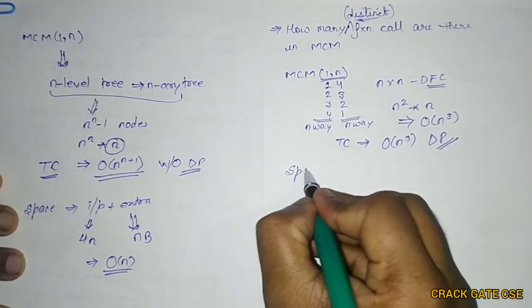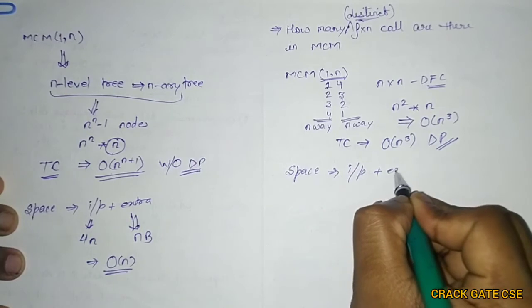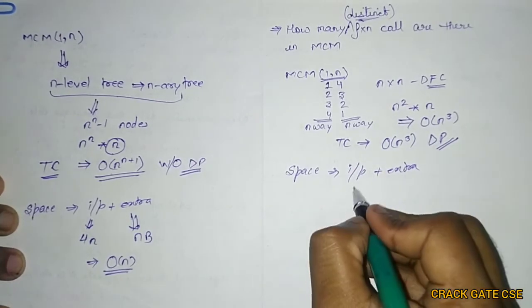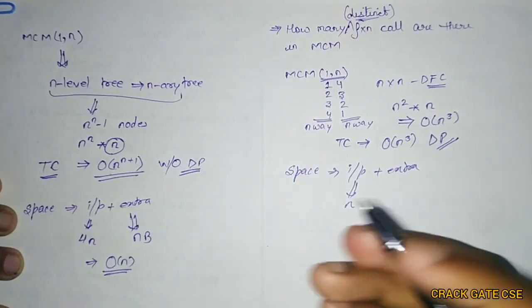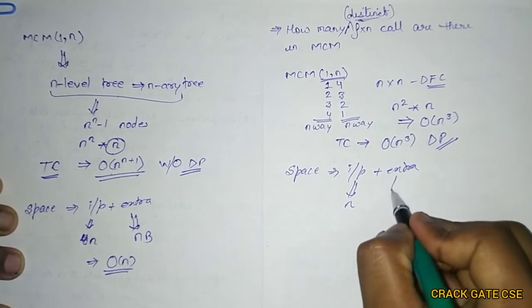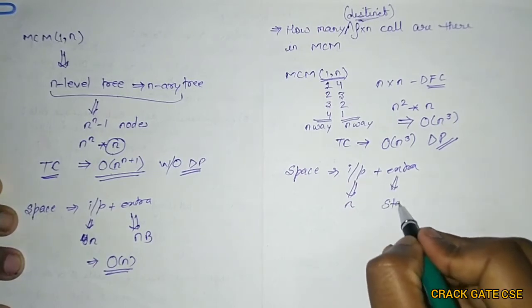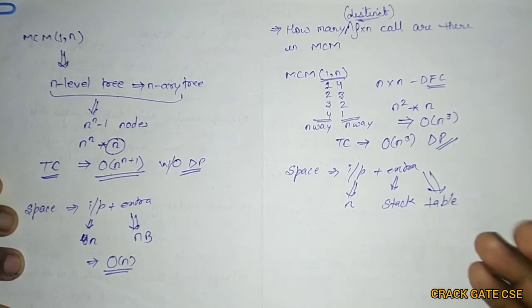Now let's check for the space. Space is nothing but input plus extra. Input is already n because we are taking n value. In extra we are taking two things, stack plus, in dynamic programming, we use some table to store the values.